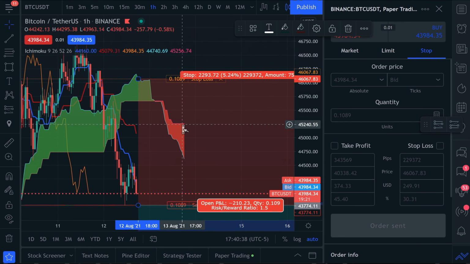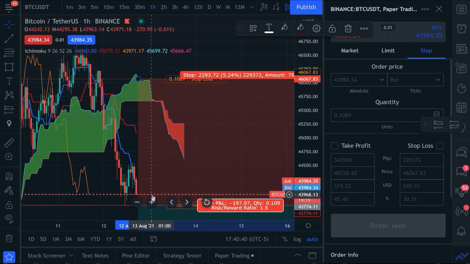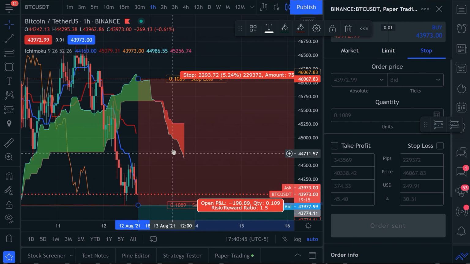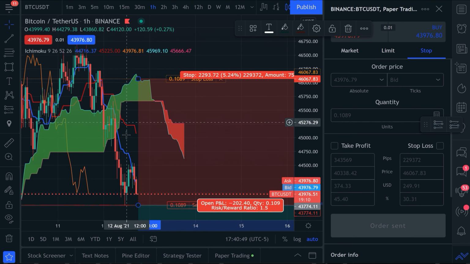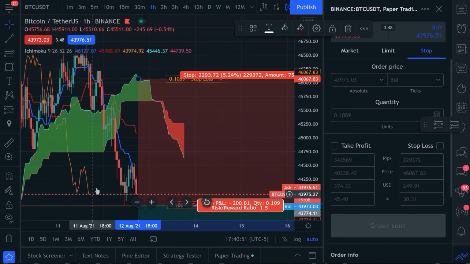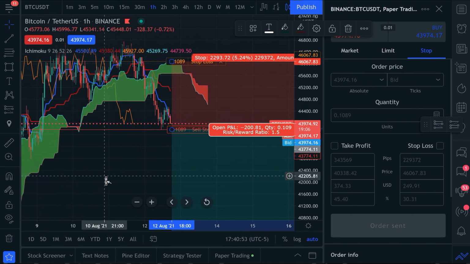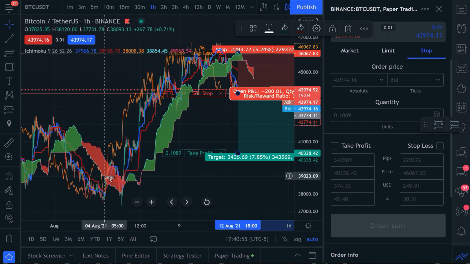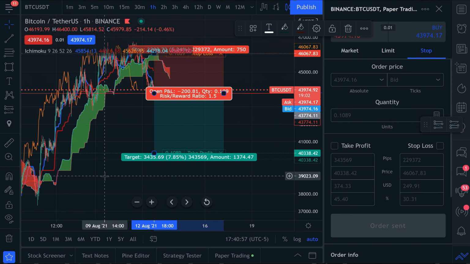Otherwise, it won't. So I'm not risking. I'm leaving a trade that could also be activated right now because the conditions are there. The cloud is red, the lines are okay, this is pointing down, the price is down, the cloud, everything is compliant. So it could be. But let's leave it this way.